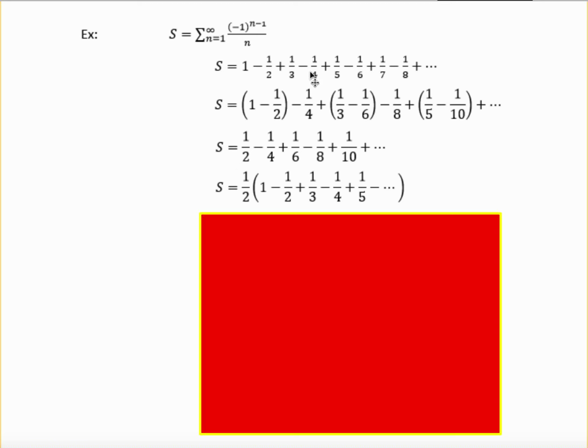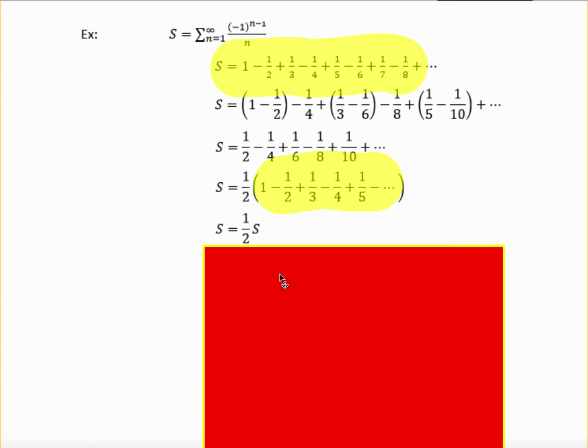Do you see it? It's the original, right? This is 1 minus 1/2 plus 1/3 minus 1/4, and here it is again. So weird, right? But now it's getting multiplied by 1/2. So if this is the original series back here, I could just call it S.